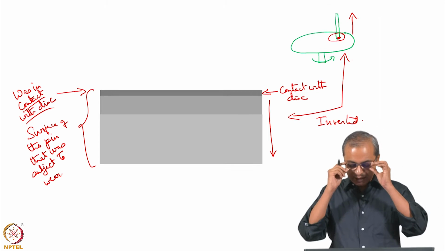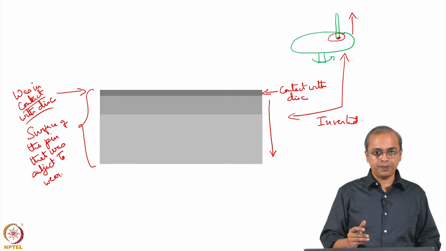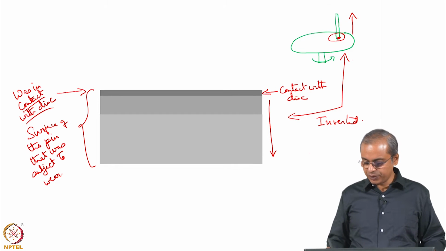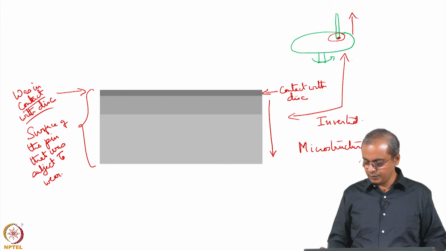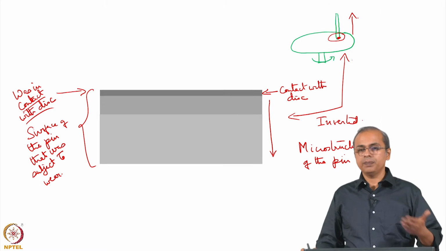Let us say once you finish the wear test you take the pin and you look at the pin under the microscope. So, you have to look at the microstructure of the pin under the microscope.